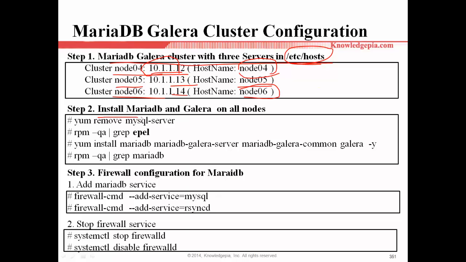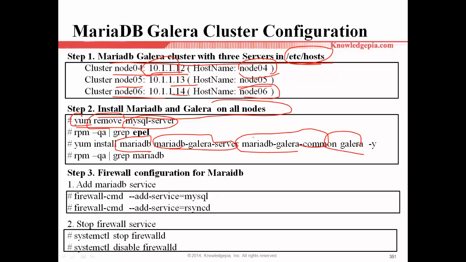Step 2, install MariaDB and Galera packages on the cluster nodes. If we are using MySQL, you have to delete it: remove the MySQL server using yum. And after that, we will install these packages: MariaDB, MariaDB Galera server, and the MariaDB Galera common and Galera.